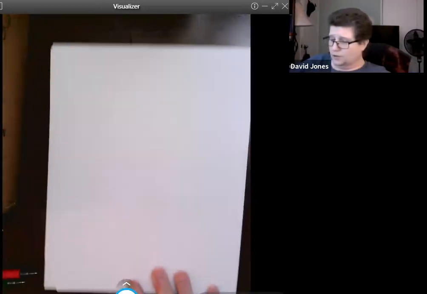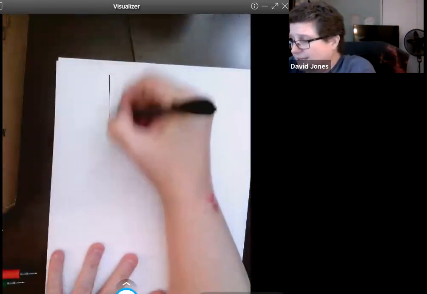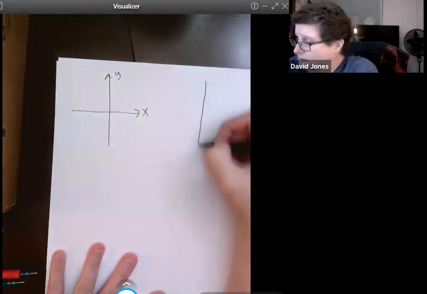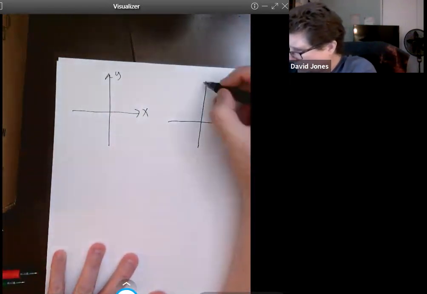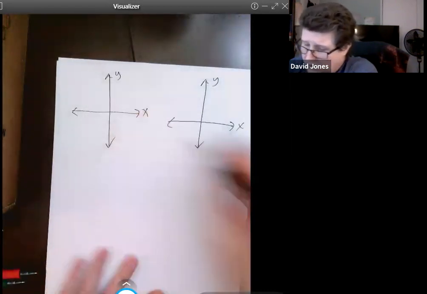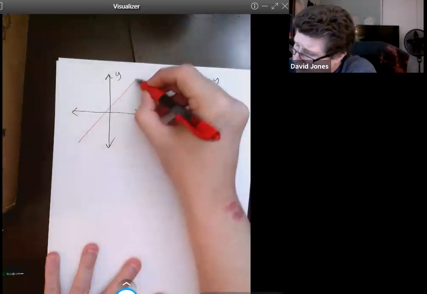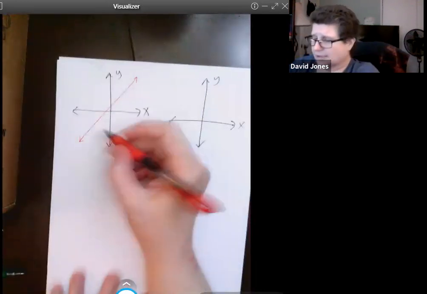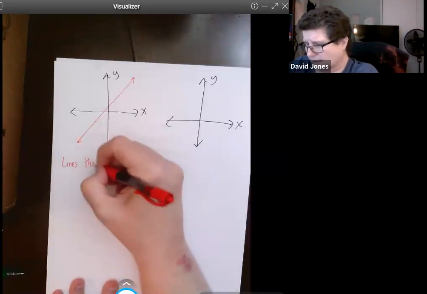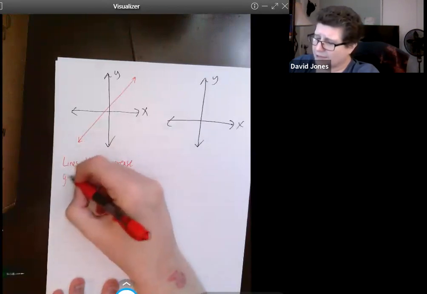Let's look at two other things. I'm going to use straight lines to illustrate the next idea. So a line that goes up from left to right.